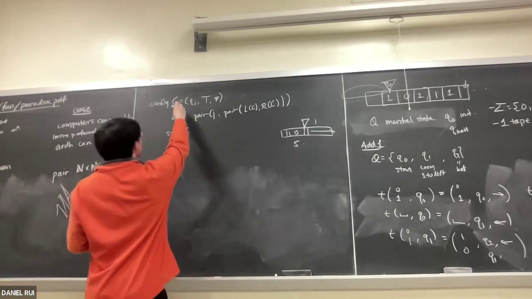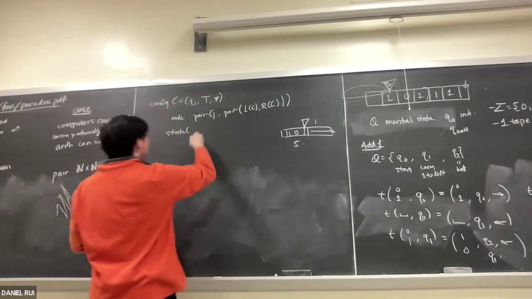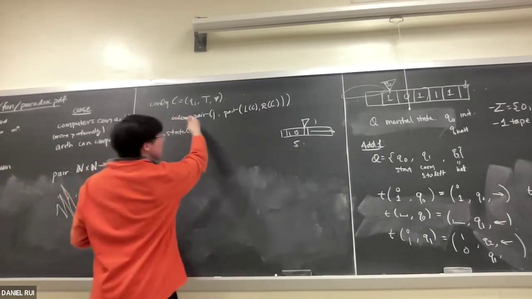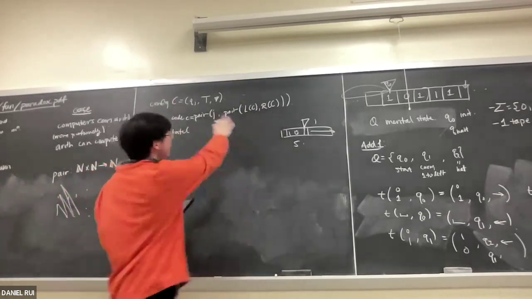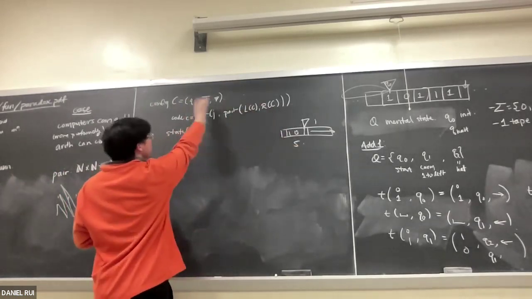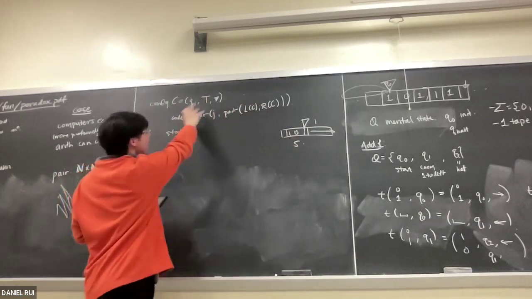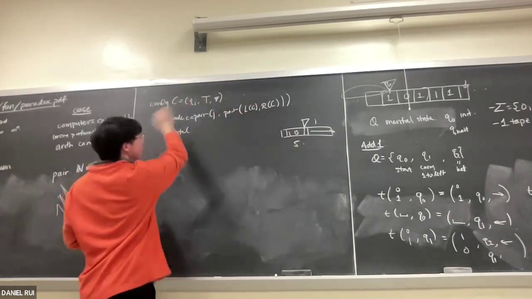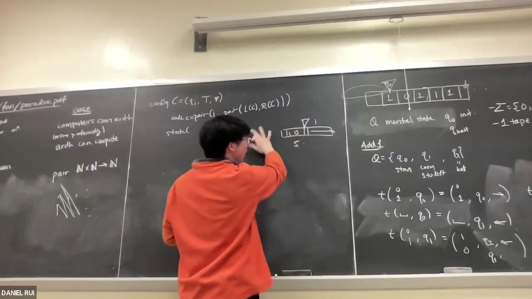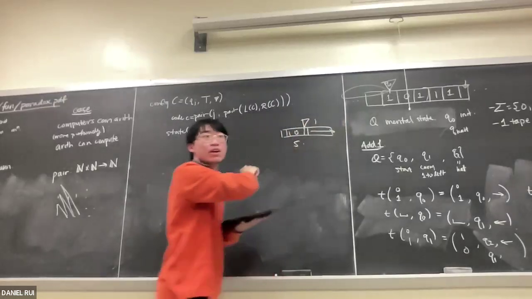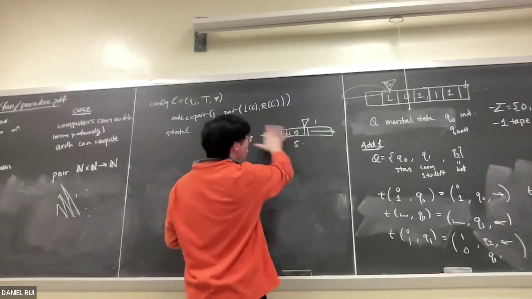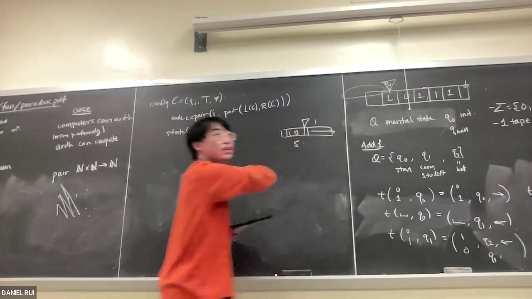So the code little c of this configuration is this. I have these three pieces of data that will all bring me back to these three things. j will tell me what Qj is, and the fact that I know L(C) and R(C) tells me exactly what numbers are on the left and what numbers are on the right. You can imagine however I define L and R that they're somehow encoding what's on the left and what's on the right.